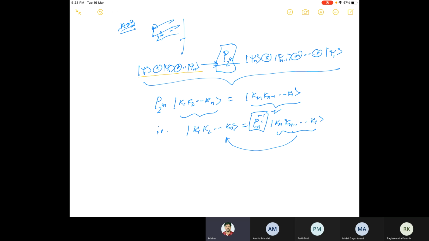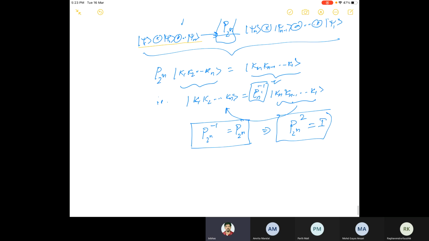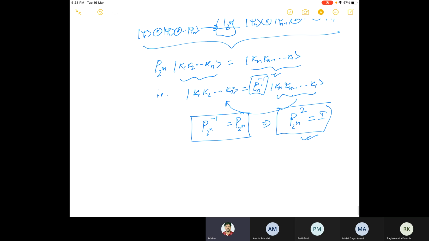So P to the power n inverse should actually be equal to P to the power n. This is one interesting property: P to the power n squared should be equal to identity. So we are looking for a particular set of unitary or permutation matrices whose square is identity, so the inverse is itself.